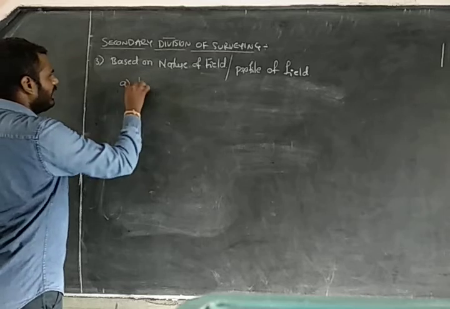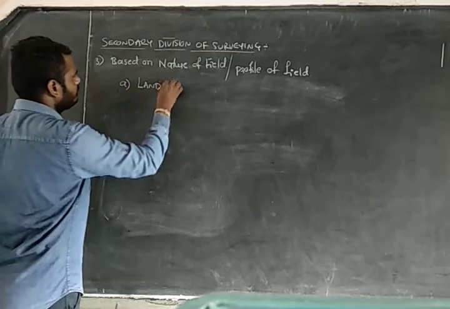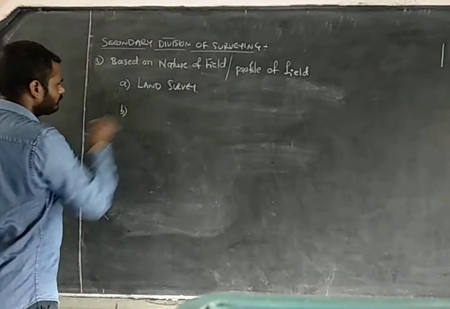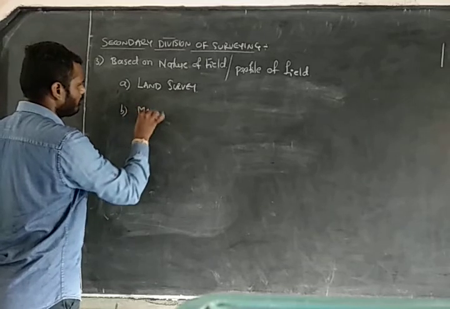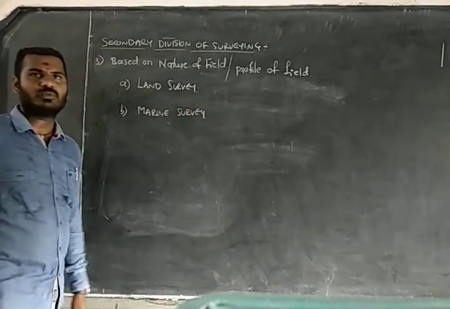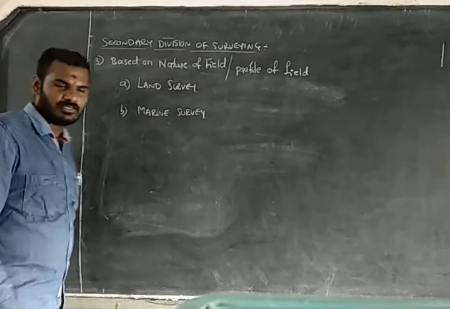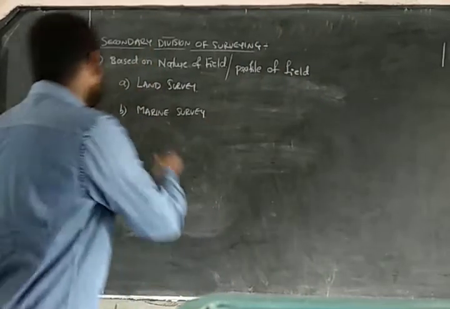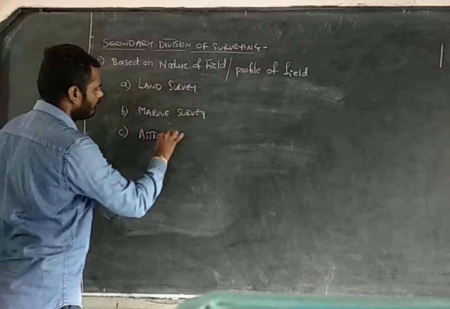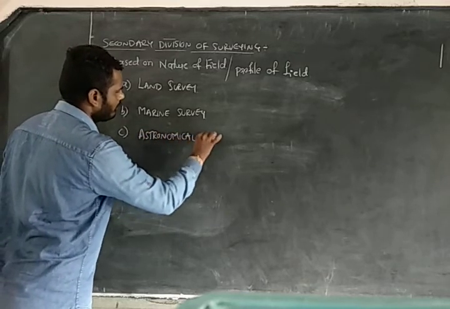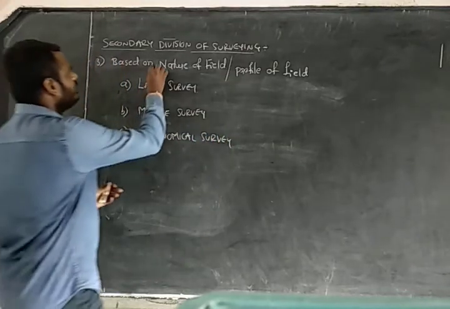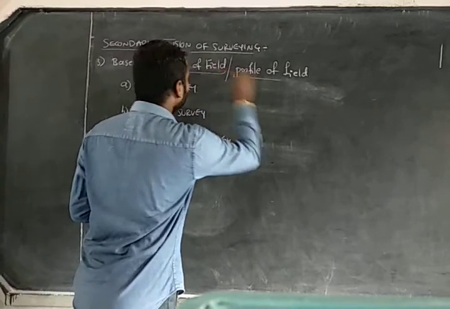First one is land survey, second one is marine survey, and third one is astronomical survey. So based on nature of the field, in the sense, what type of field we are studying.